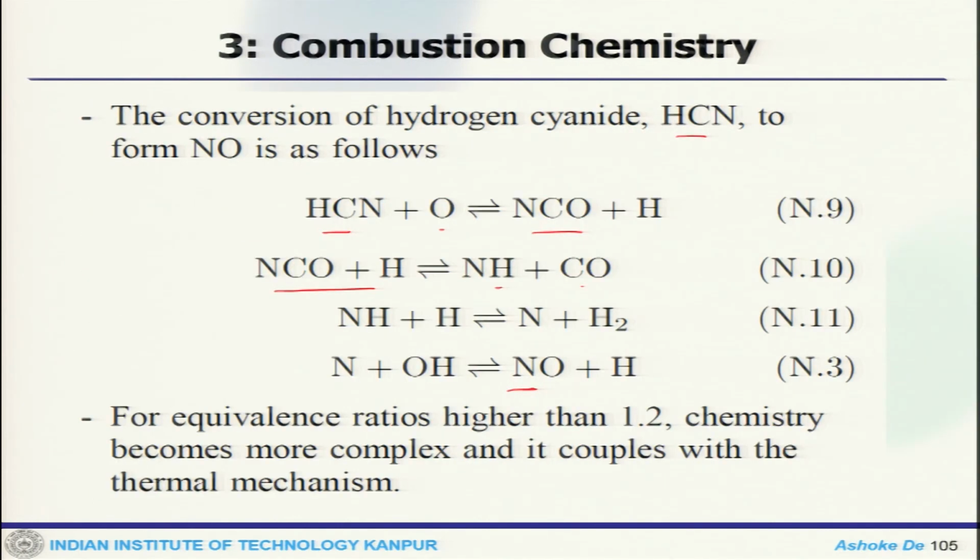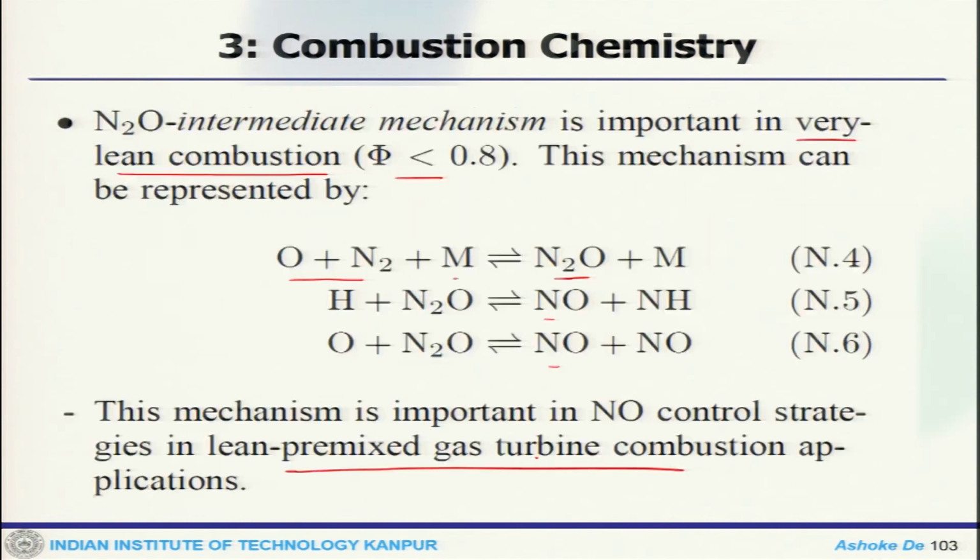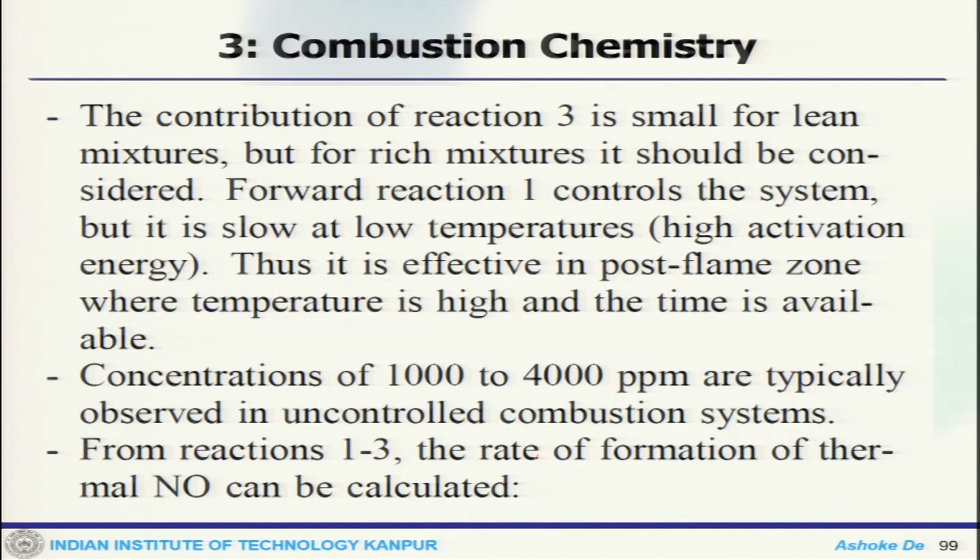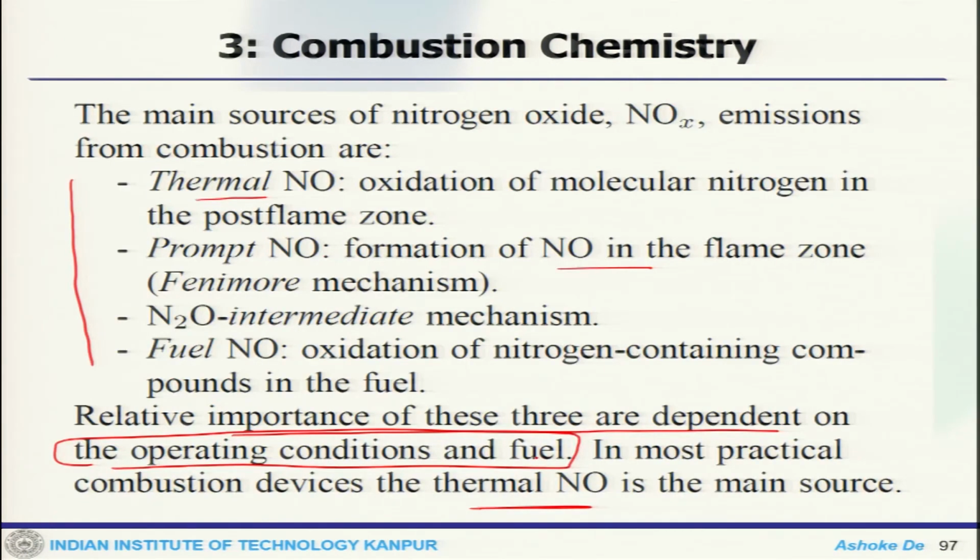Now, if your equivalence ratio is higher than 1.2, then the chemistry becomes more complex and it couples with the thermal mechanism. So, to complete this NO discussion, there are different situations. One is thermal NOx, which is active in the post flame zone because the temperature is quite high.